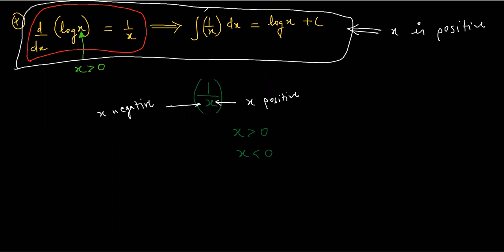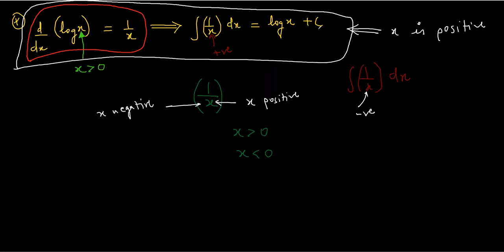So there can always be a question: you wrote integration of 1 upon x, and here this x is positive. What about integration of 1 upon x when x is negative? Because anybody can question that 1 upon x is defined even for negative x.